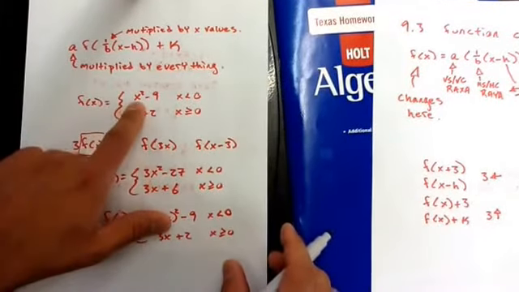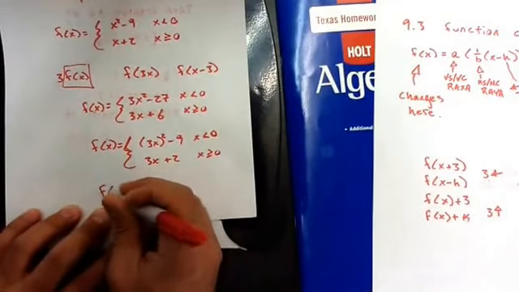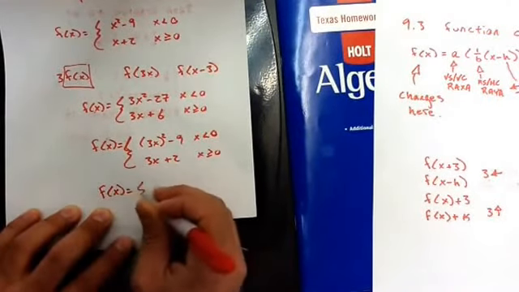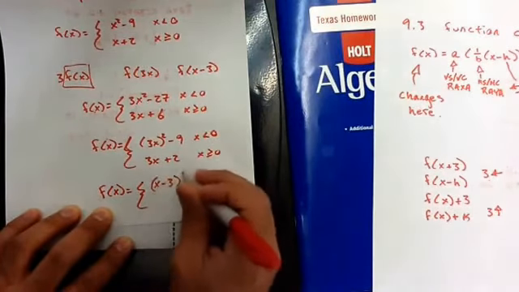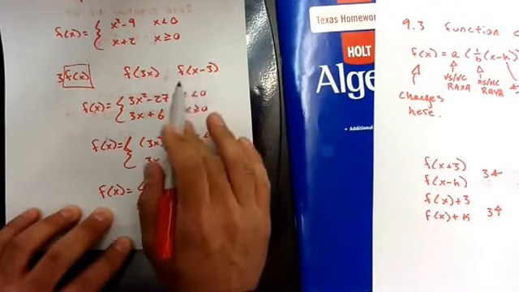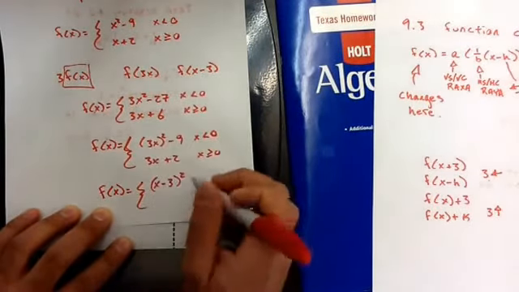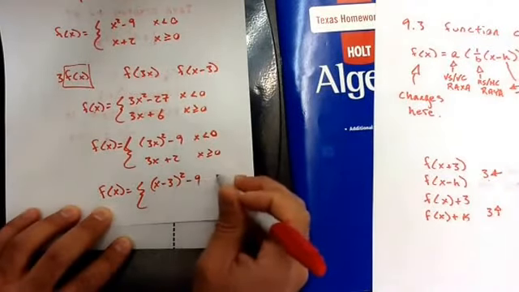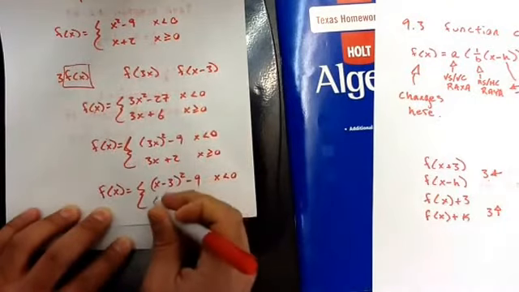So this guy right here is going to become x minus 3 squared. It's just a replacement, like how we've been doing before. So f of x minus 3 means that the x is replaced with x minus 3. The minus 9 stays the same. And this one, it's going to be x minus 3.